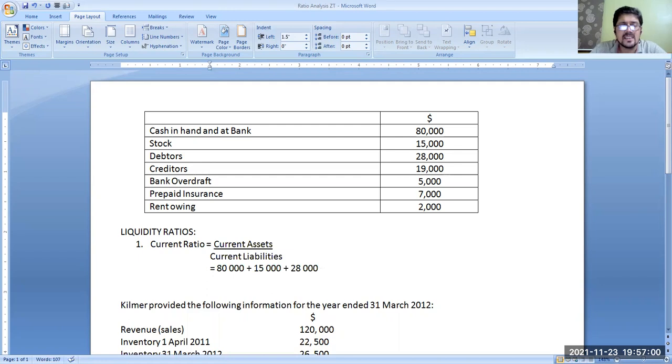Stock means now it is called inventory. Previously it was called stock. Debtors, now it is called trade receivables.